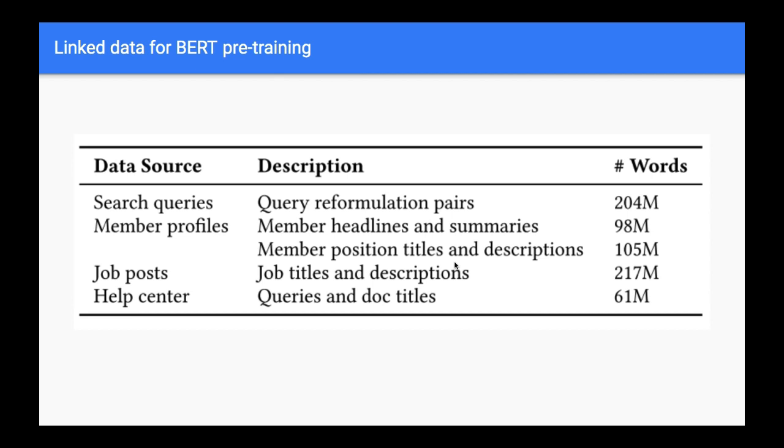Those are not really continuous text. So how to deal with that? There must be a lot of pre-processing being done. And also job posts, where you have job title and job description, and also help center queries and document titles. This is the data they feed into their LinkedIn BERT for pre-training.